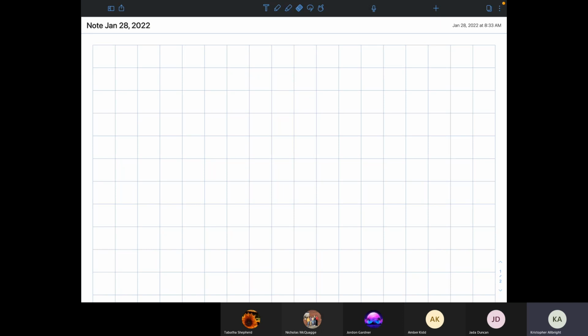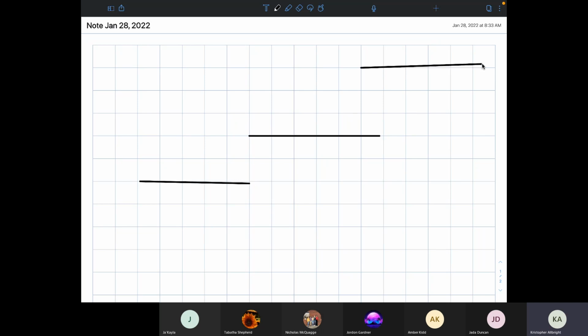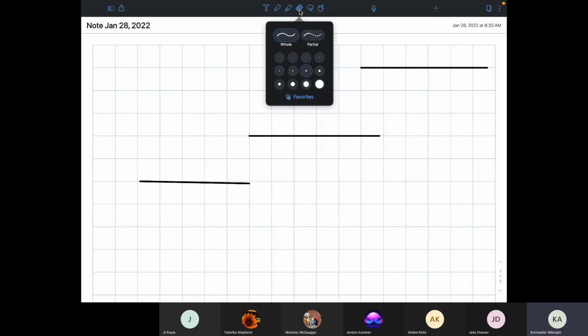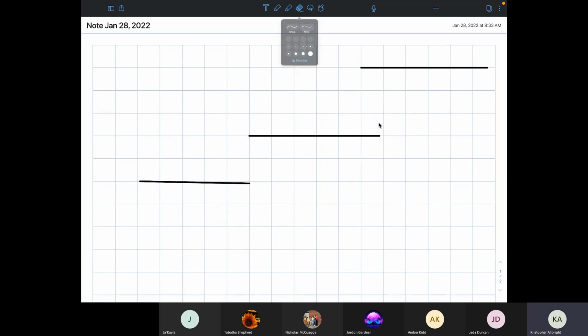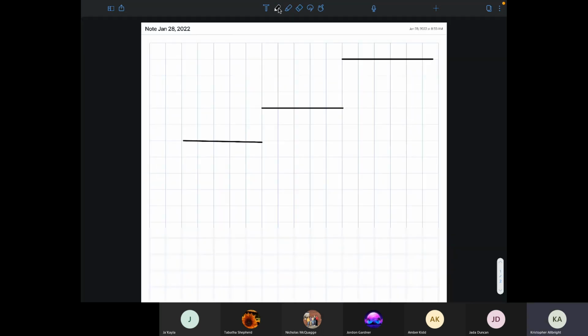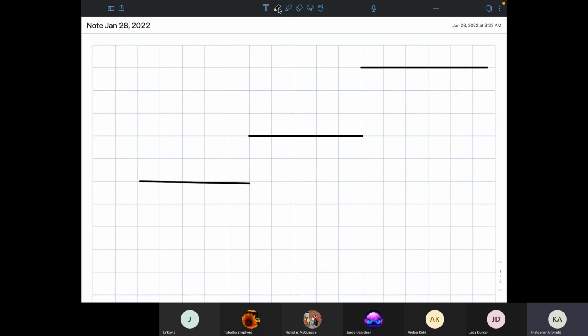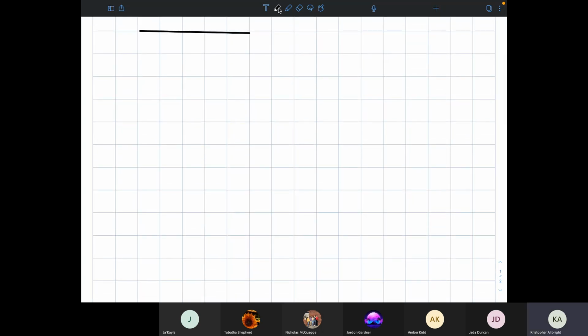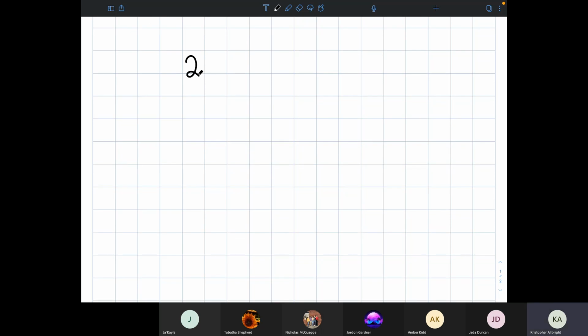A step function is a function that when you graph it, looks like this. It starts and stops, and it kind of looks like stairs. So with it looking like stairs, when you look at this in number form, it says something like this: 2 when x is less than 4.